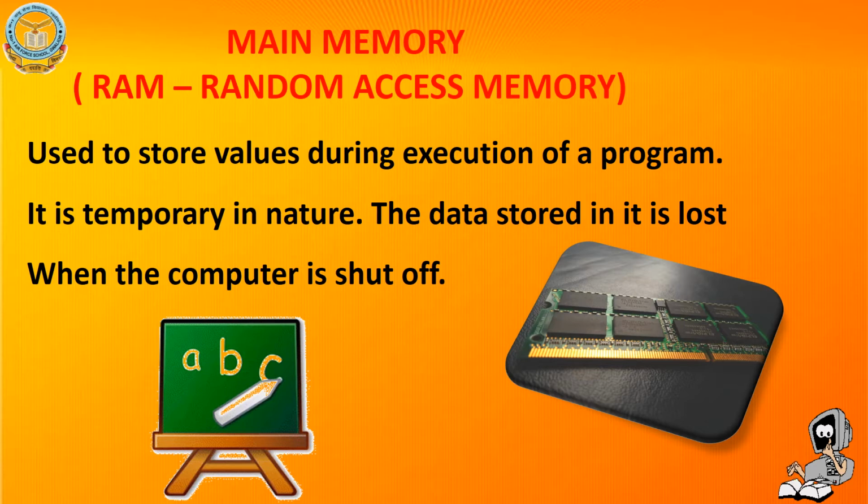We can understand RAM with this example: RAM is like a green board of a classroom. When we write on a green board, we cannot save it there. We can write on it and read from it, but only for a specific amount of time.